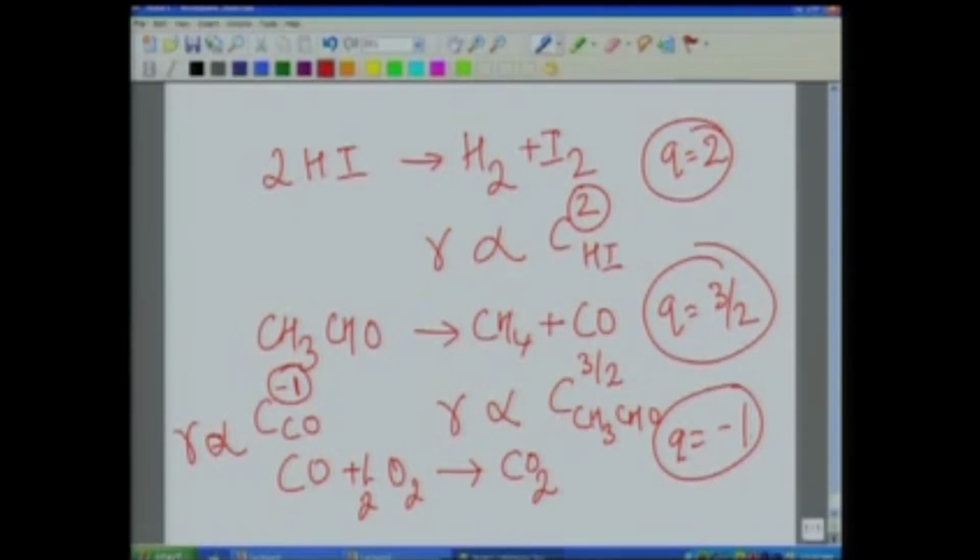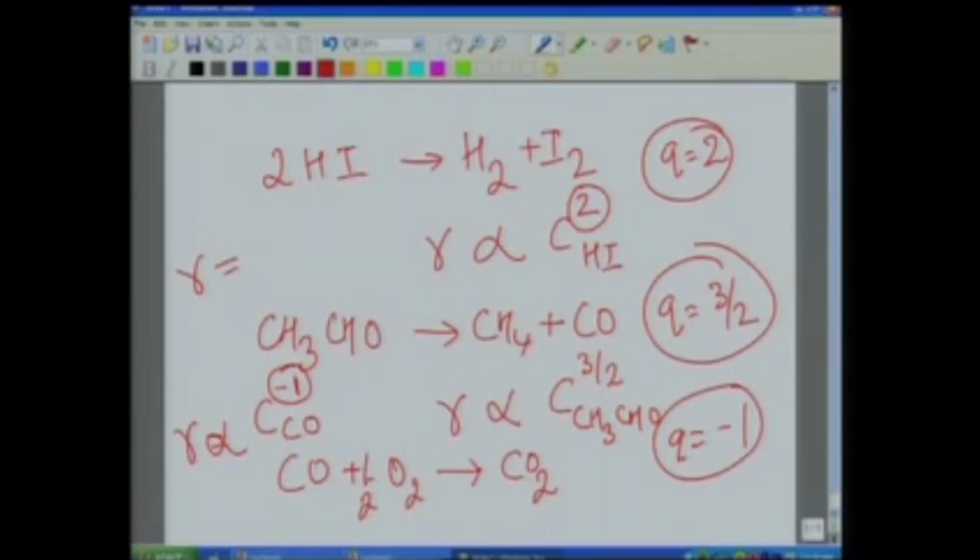In fact, quite often the power law kinetics is something which is fitted to the observed rate of reaction, and when you do any numerical fit, there is no guarantee that Q can be only integers or positive numbers, negative numbers and so on. So, Q can take essentially any of these values, that is positive numbers, integers, fractions, negative numbers or even 0.